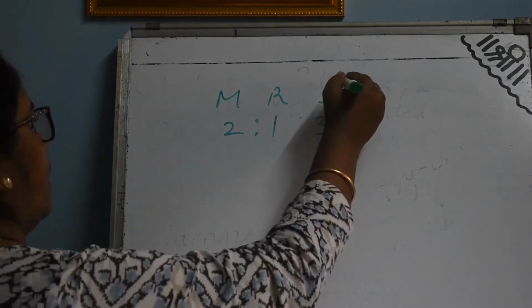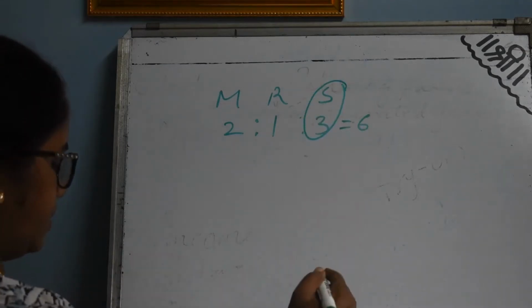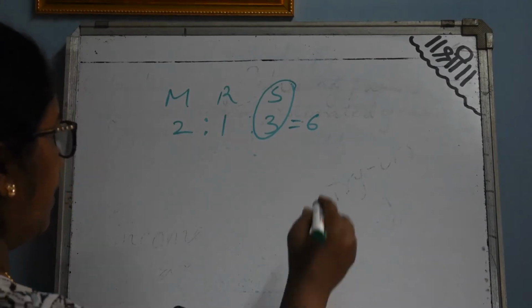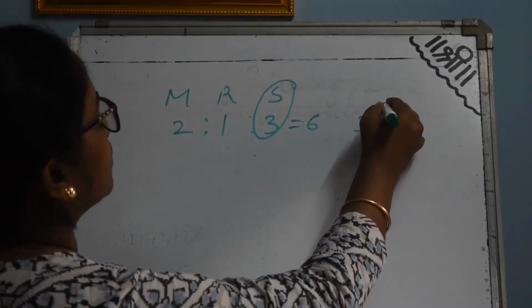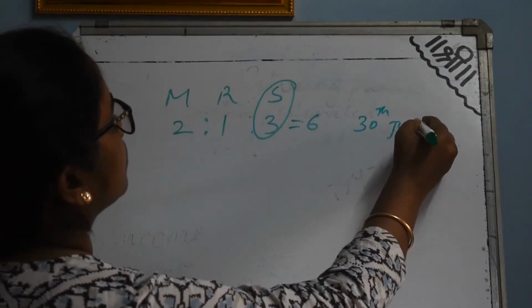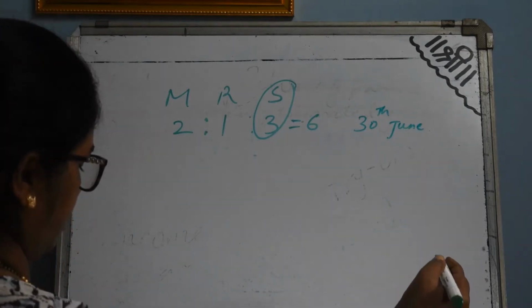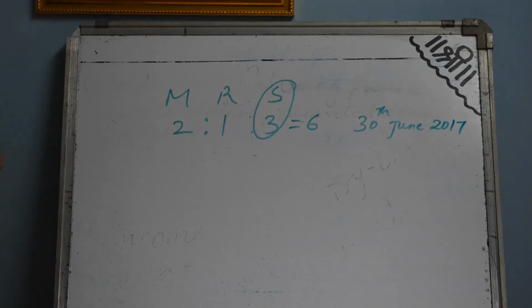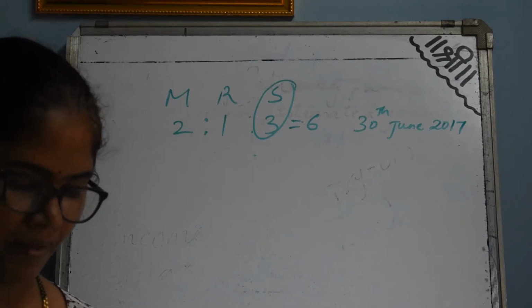Our balance sheet is on 31st March 2017 and he is retiring on 30th June 2017, in between of the year. So March, April, May, June, he was there with us for 3 months.